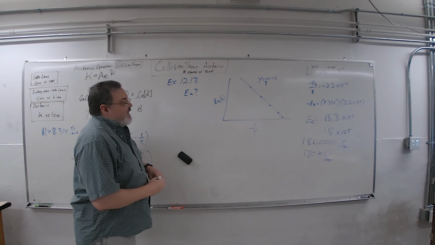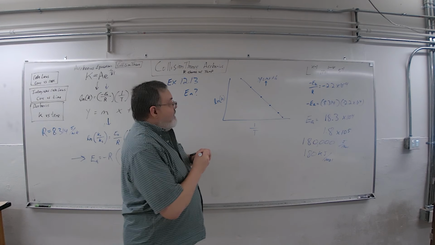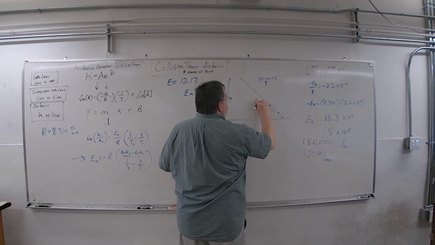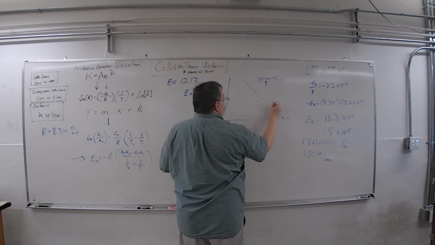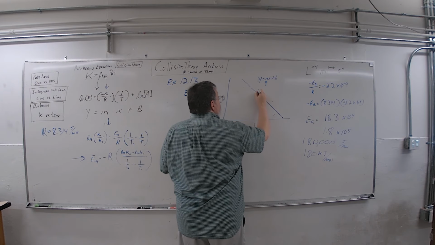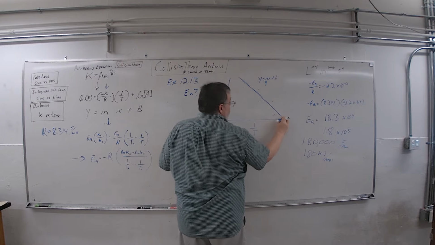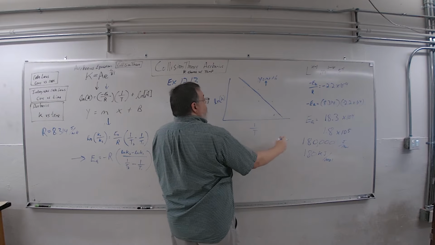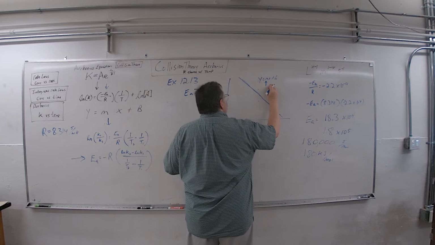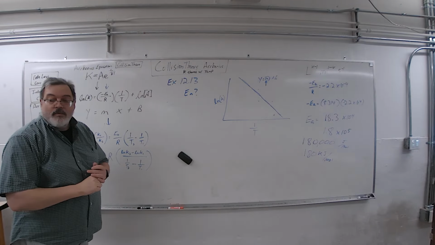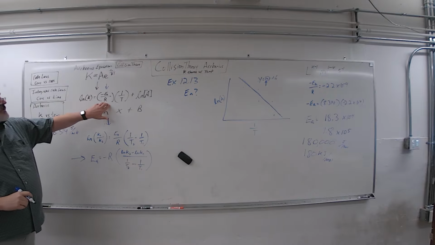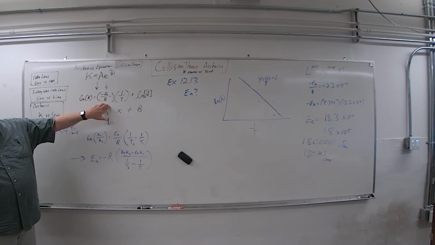But you would only do that if you had a nice, neat, straight line. If you had messy data that looked more like that, this line that I'm drawing is something that I usually do in Excel. So Excel would give me this line and the equation of the line, and I could get the slope directly and then make that equal to this and then solve for activation energy. See what I'm saying?